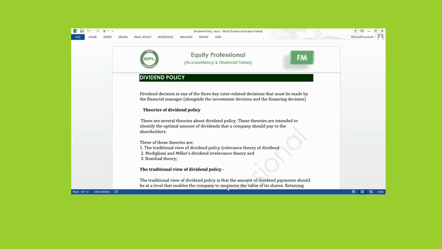The finance manager is involved. When you are done with your investment decision, if the investment is financially viable, then the number 2 function: the finance manager must make financing decisions.